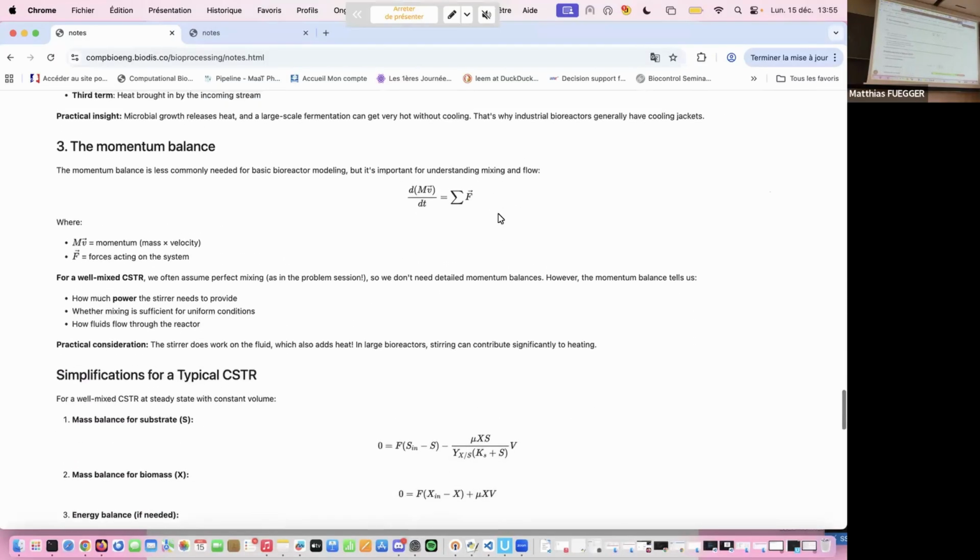Okay, so let's pass to the momentum balance.